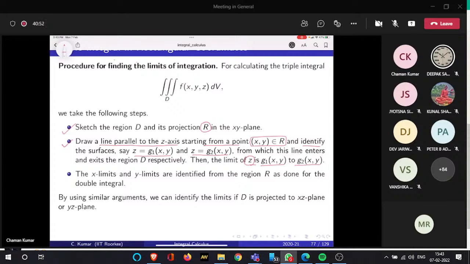So you are able to identify the limit of Z.